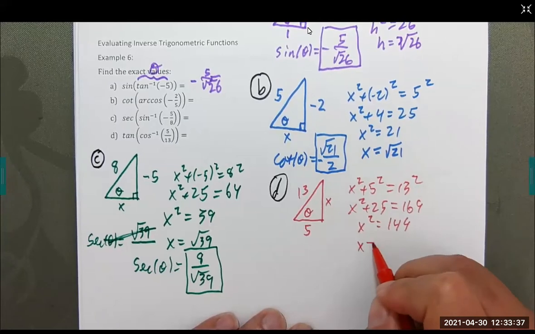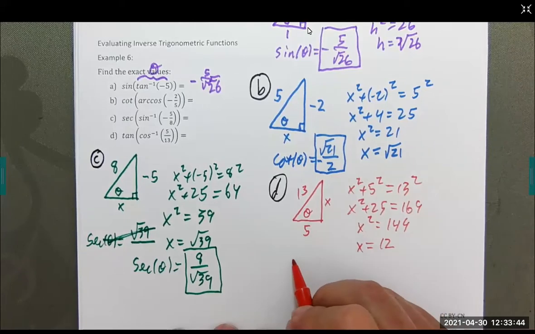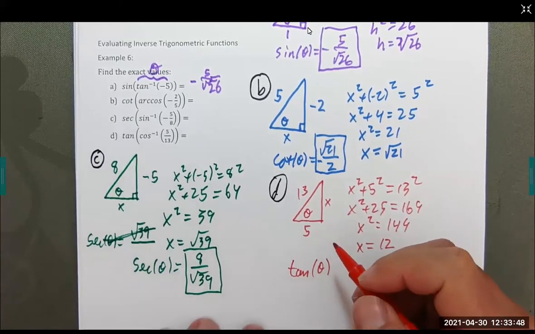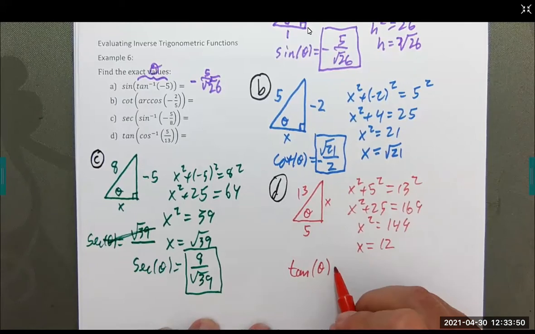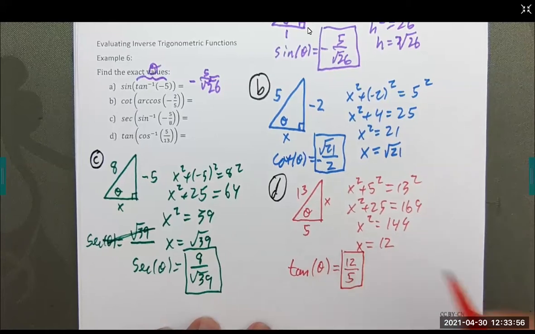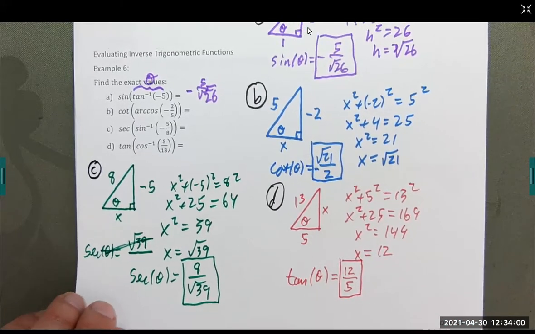X equals 12 very nicely. So we have that the tangent of our theta is the opposite, which is 12, over the adjacent, which is 5. So you just got to build your triangles, use the Pythagorean theorem.